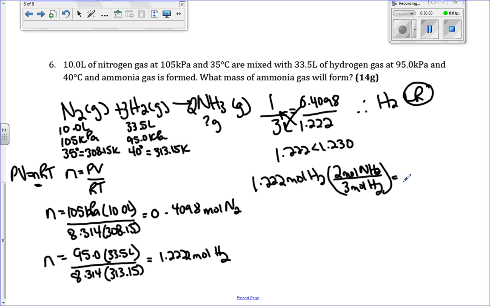Gives us a charming value of 0.8149 moles of ammonia. Oh, that should be a 3. And then from there we can figure out our mass of ammonia by multiplying by the molar mass of ammonia.